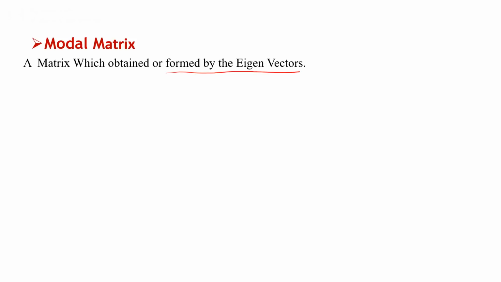Now, what is the modal matrix? As we know, we require the modal matrix to diagonalize a matrix. It is a matrix formed by the eigenvectors.